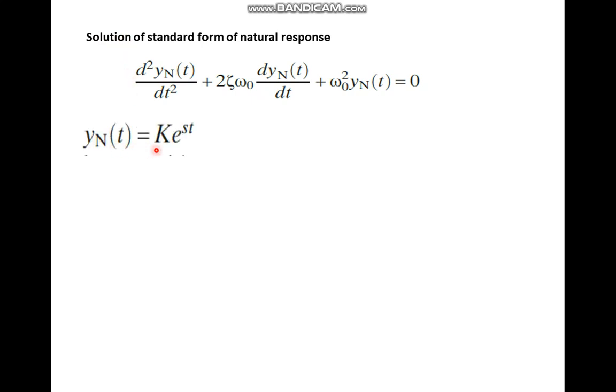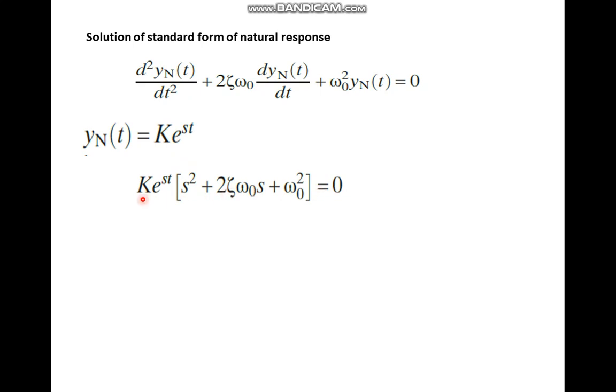Once a standard form of the natural response, that is the zero input response of the circuit, is obtained, we can solve it using the same method as was used previously to solve a second order differential equation. We assume that yn is equal to k e raised to the power st and put it in this equation. Therefore, we get this equation.